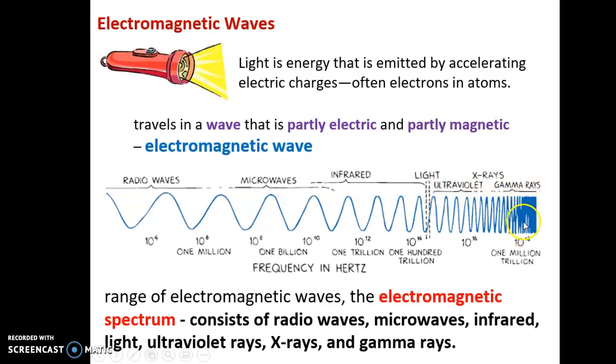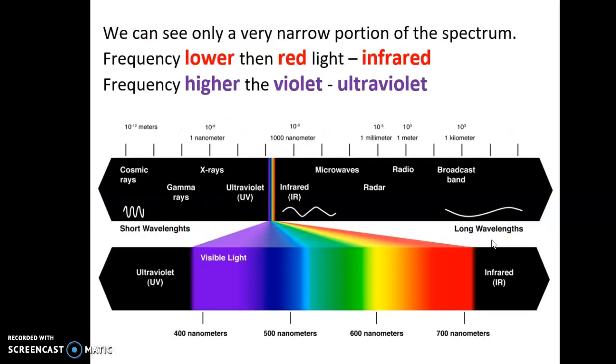The wavelength is shorter, but there's a lot more in frequency in hertz. This is called the electromagnetic spectrum. We can see only a very narrow portion of the spectrum. The frequency lower than red light is called infrared. The frequency higher than violet is ultraviolet.